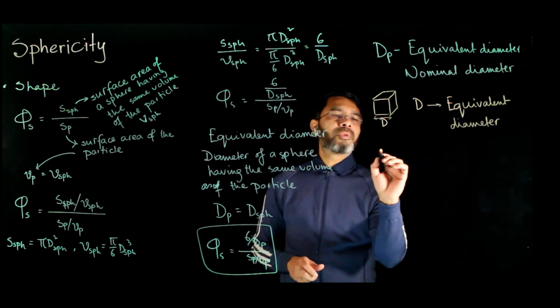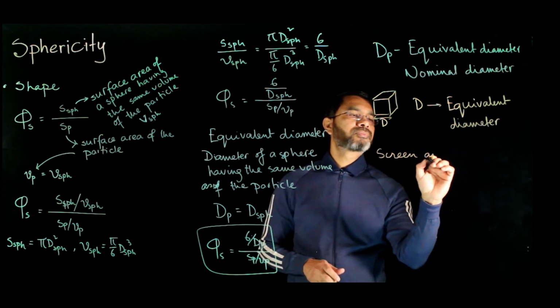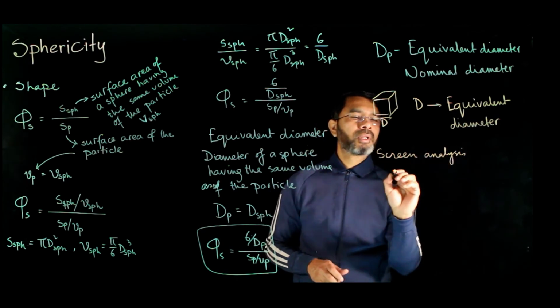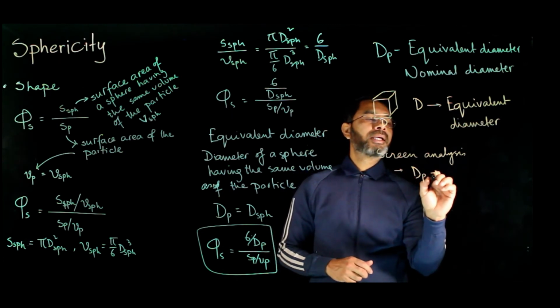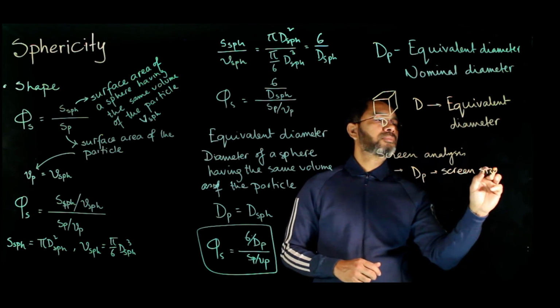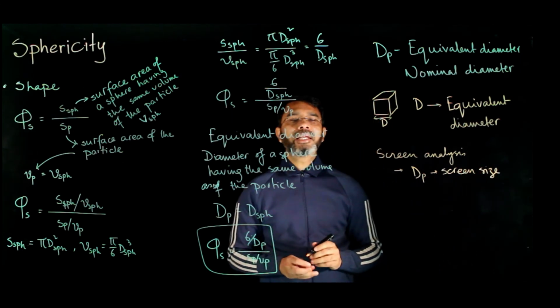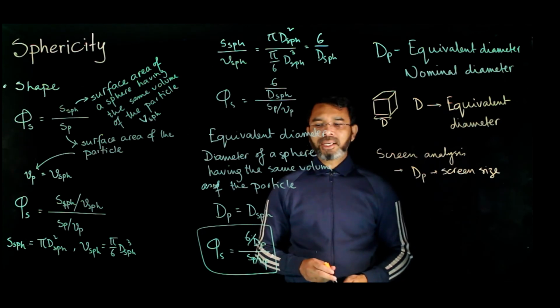So for example, for particles obtained from screen analysis, the equivalent diameter is chosen based on the screen size. So in that case, again, we consider the screen size to define the equivalent diameter.